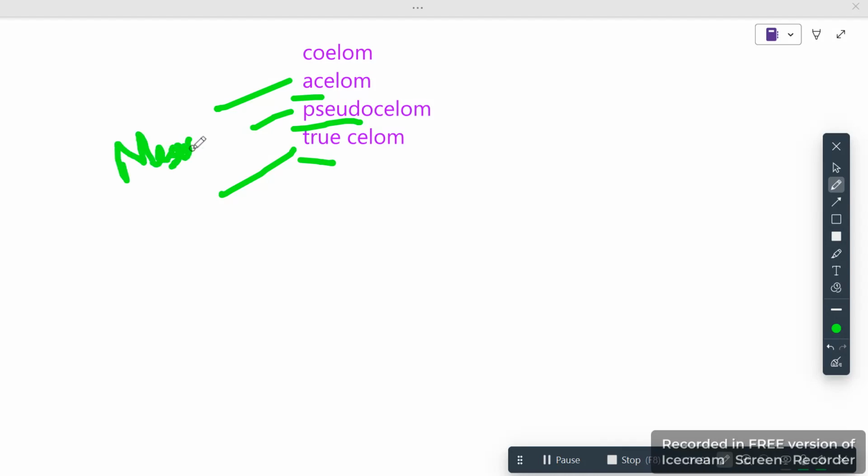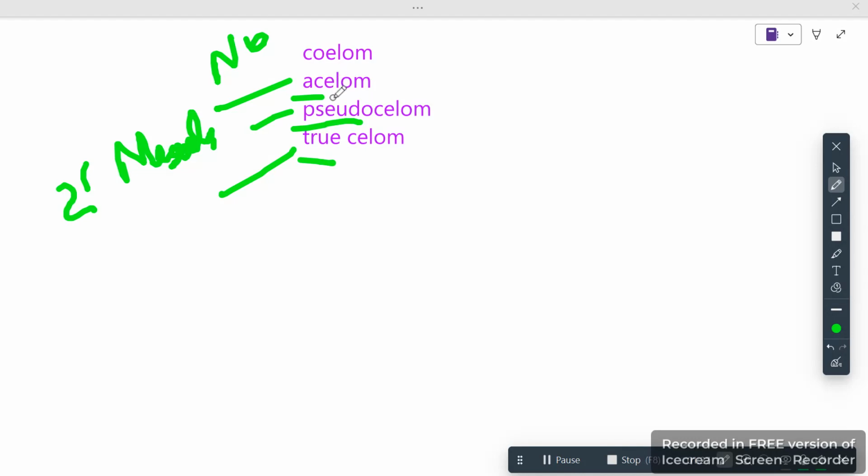As we discussed in the germ layers video, we have three germ layers: ectoderm, mesoderm, endoderm. Mesoderm was the second layer, and the third one was endoderm. So in acoelom no cavity, and in pseudocoelom we have the cavity. This is how to differentiate between them.